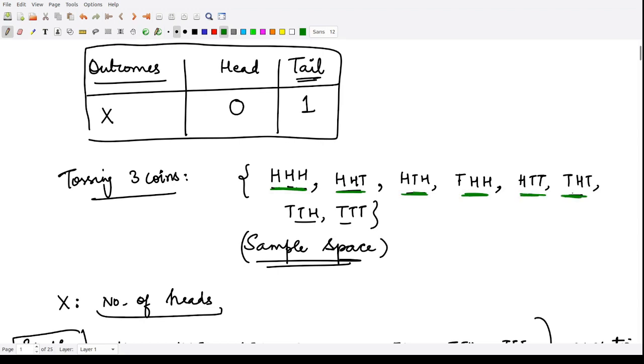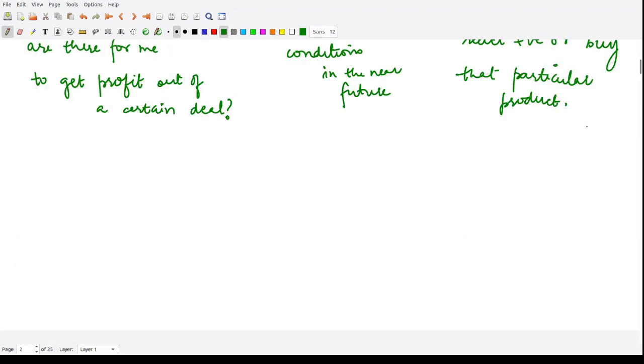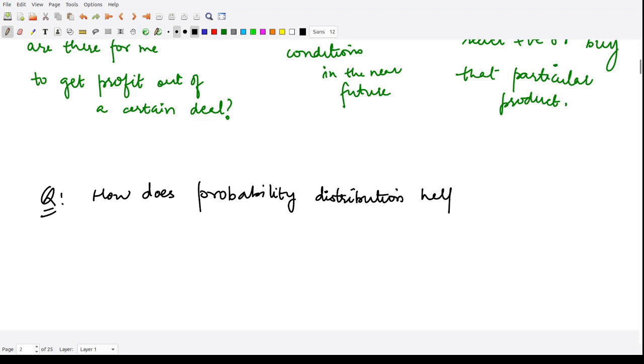So here we have this question, how does probability distribution help, or why do we require to study all these?